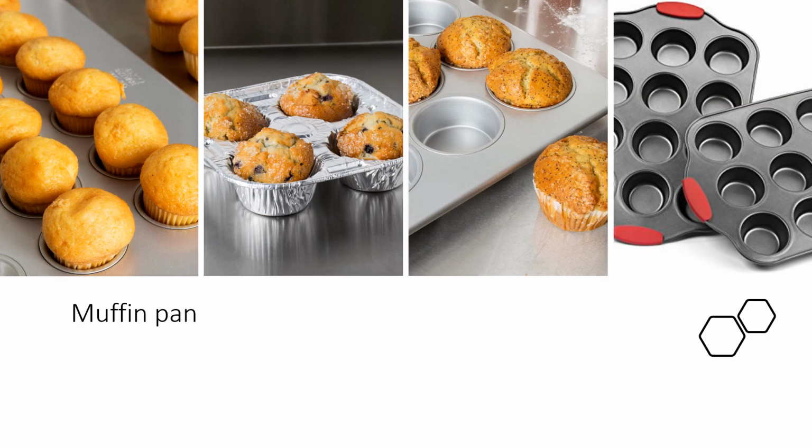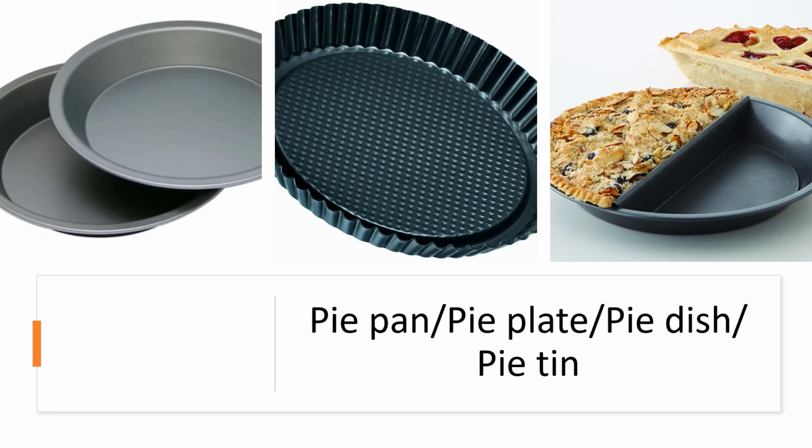A muffin pan is a rectangular metal baking pan with 6 or 12 cup slots used to bake muffins and cupcakes. Muffin pan sizes are typically mini, standard, and jumbo-sized. How about a pie pan?